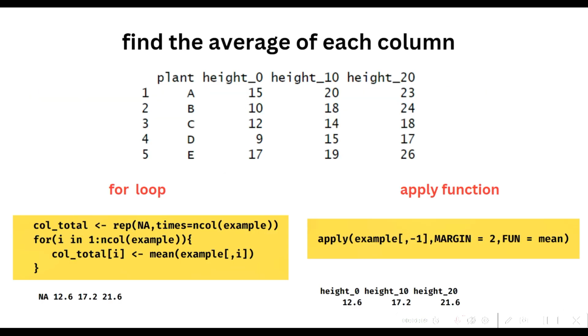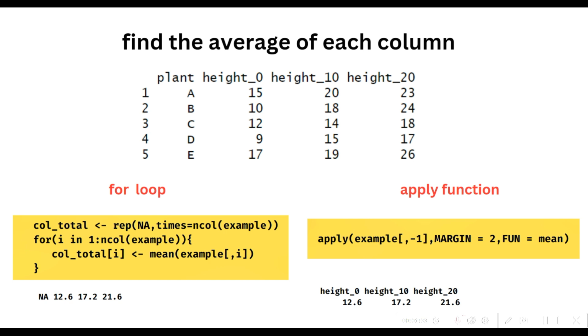Let's use the apply function on a dataset. This dataset describes the height of 5 individual plants in inches at 3 different time points: 0 days, 10 days, and 20 days. The first column is plant ID, and each of the next 3 columns describes the height of the plant in inches at 3 different time points.